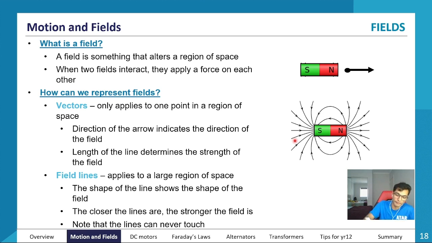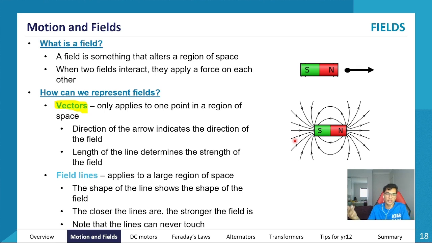Cool. And this is where vectors come in. Like I said before, vectors are very important for fields because the entirety of fields is pretty much just vectors. And so what we care about is we have this magnet. We want to know in which direction the field is traveling. So if we were to introduce another magnet, which way would the force be acting?